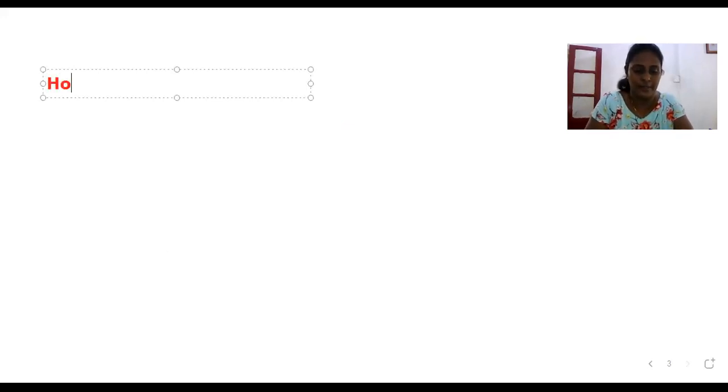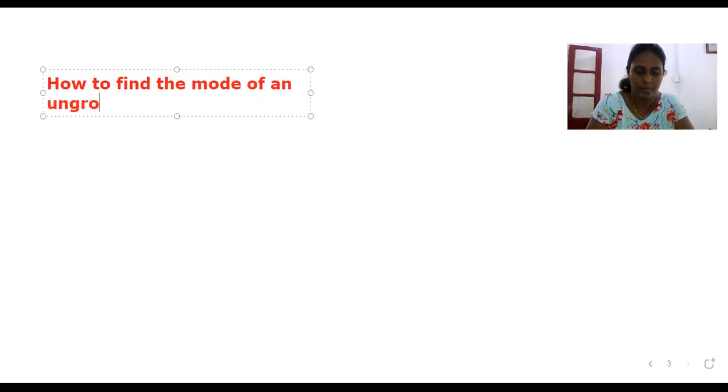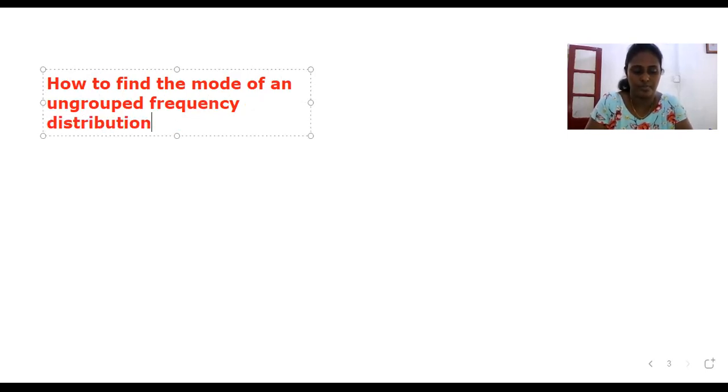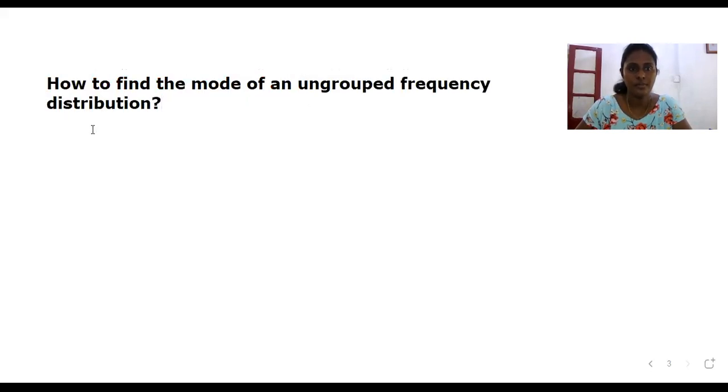How to find the mode of an ungrouped frequency distribution? So how to find it, children?